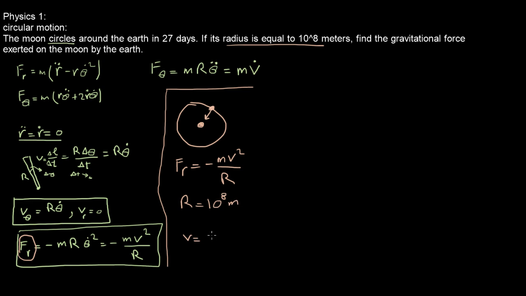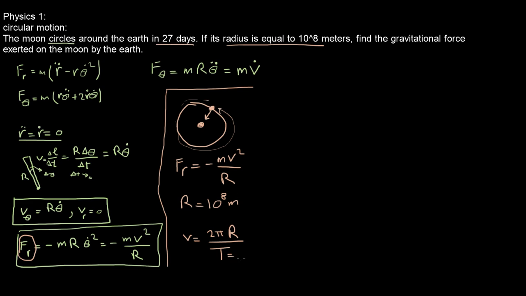V is equal to 2 pi times the radius r divided by the period, or the time that the moon takes to move all the way around and go back to the first place, and it's 27 days.